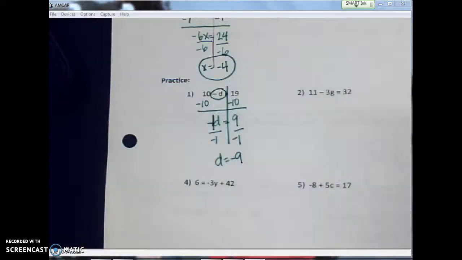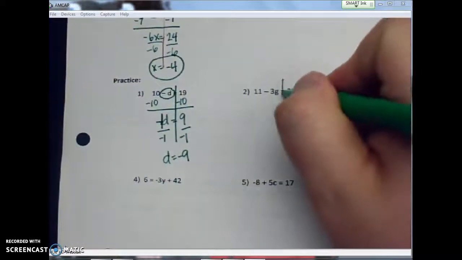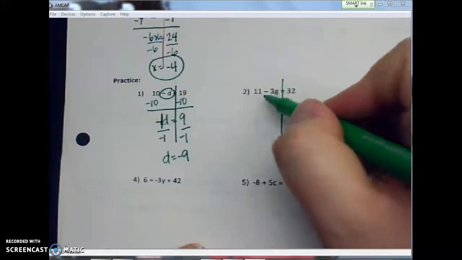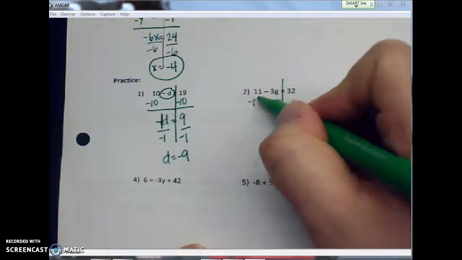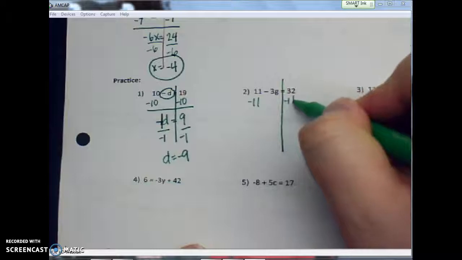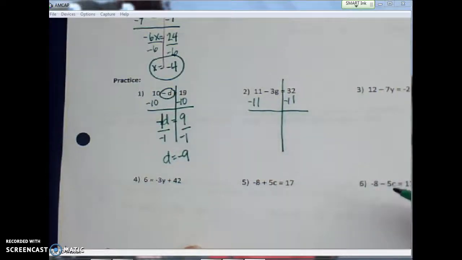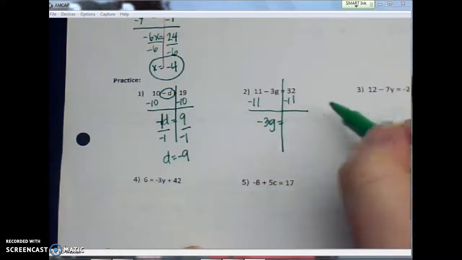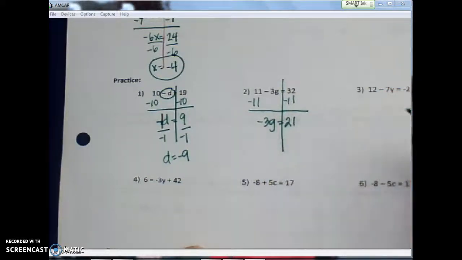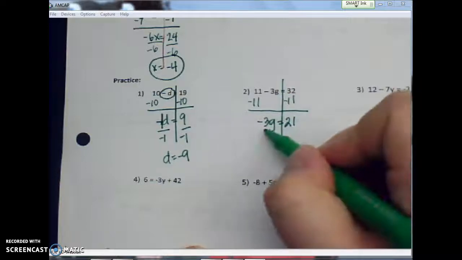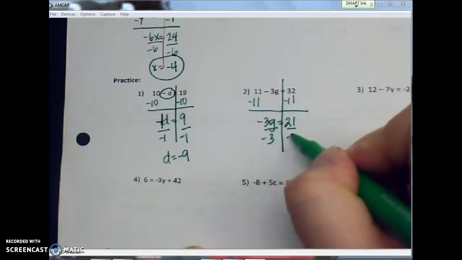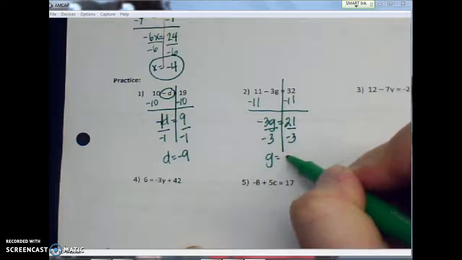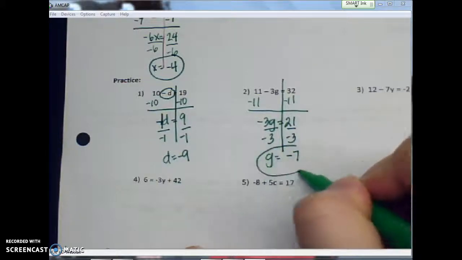So if I take a look at number 2, draw my line down, and I'm going to start with subtracting 11 because it's a positive 11, so I subtract 11 from each side. So I have a negative 3g equals 21. And divide by a negative 3, and g equals negative 7.